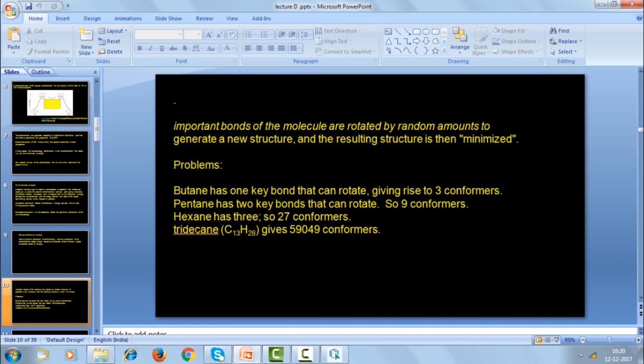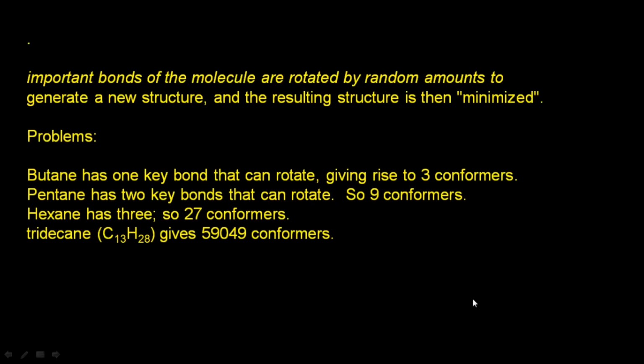Tridecane, that means C13, decane is 10, tridecane C13 will give you 59,049 conformers. So, you see it is not so easy, there are so many rotatable bonds as your carbon number increases. So, you may have to look at so many conformations. As you can see from butane to pentane to hexane to tridecane, the number of conformers increases rapidly.